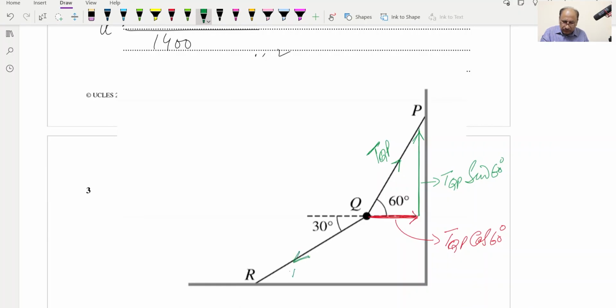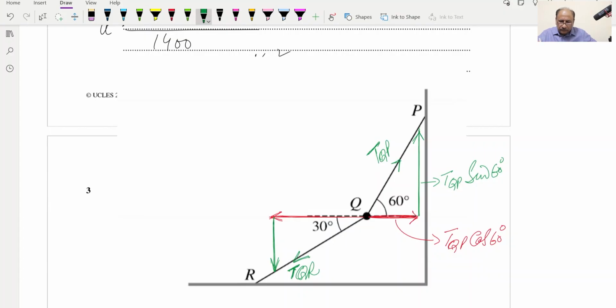We can term it as TQR, and if we draw the tension, the x component will be this one, and this will be the x component of the tension, which will have this direction, and the y component, as we discussed, is in downward direction.